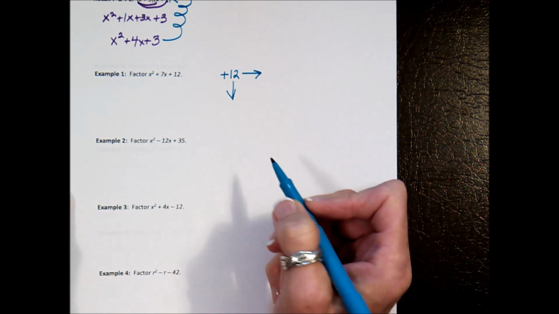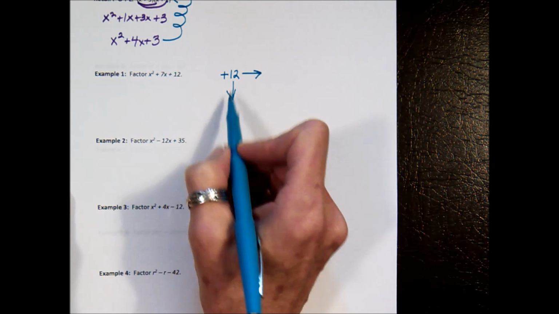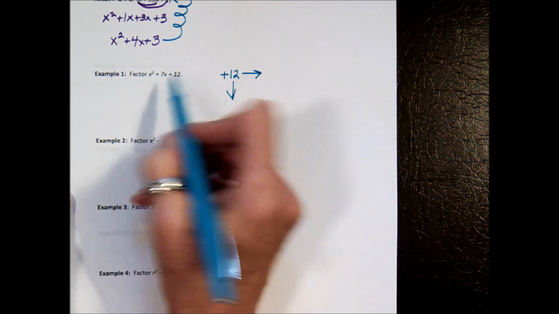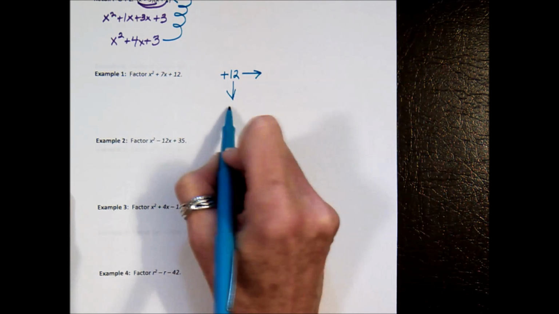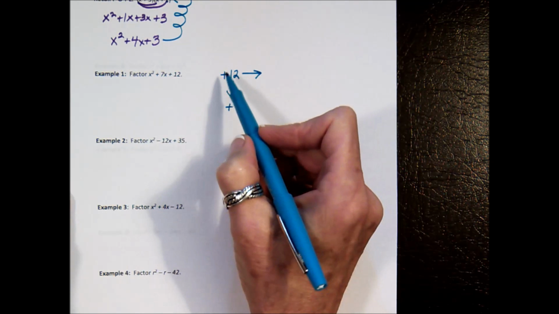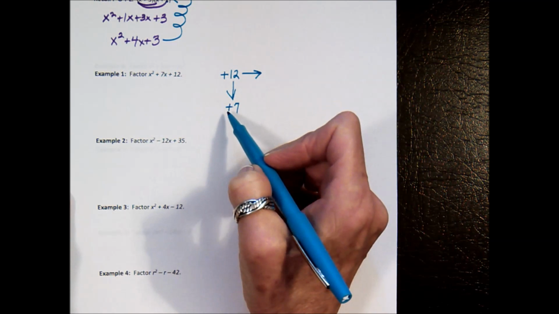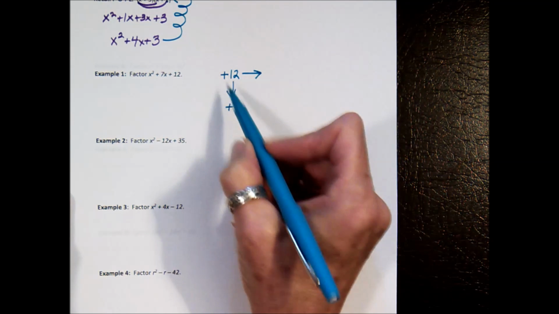Make an arrow down, and we want those factors, meaning when they multiply together they make positive 12. When they add together, now take the middle coefficient, they make positive 7. And please hear this, it is essential that you show the signs. You will make mistakes if you don't. Just trust me, you must show the positive or negative.